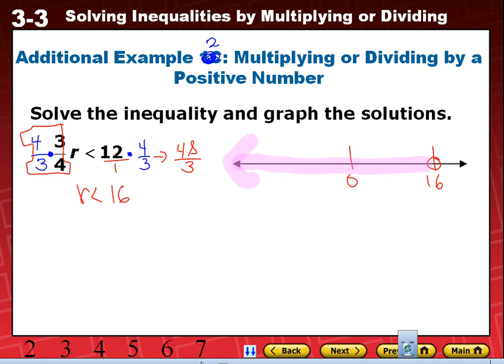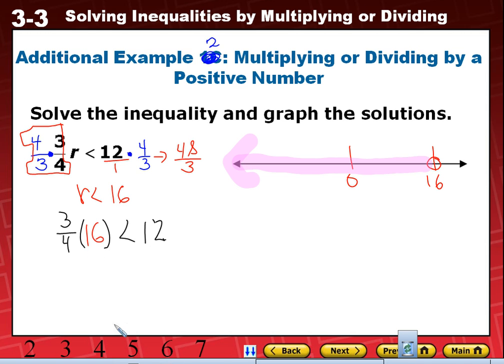Now let's test our point. I'm going to rewrite the equation, and it's 3/4, and instead of r, I'm going to write a parentheses, less than 12. So what number am I substituting in here? Well, according to us, it's 16. That's our dividing point.